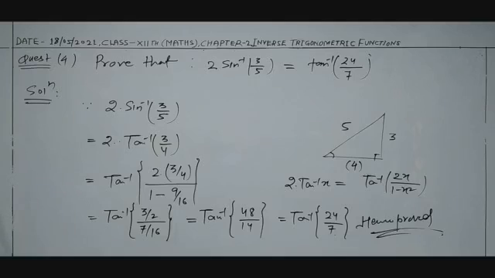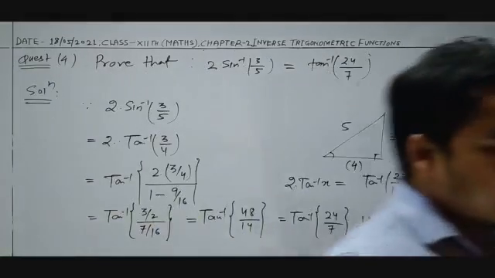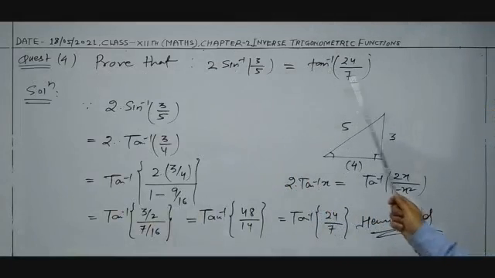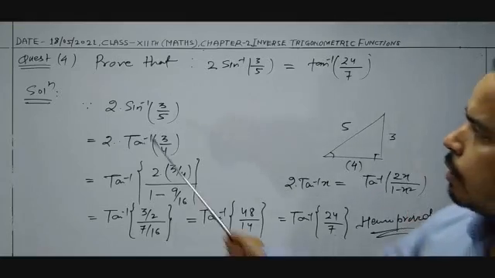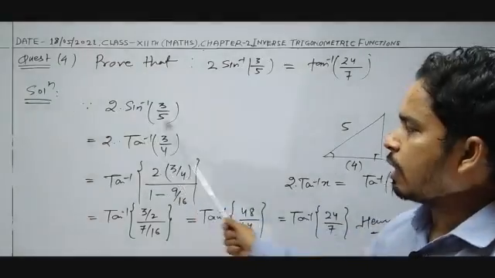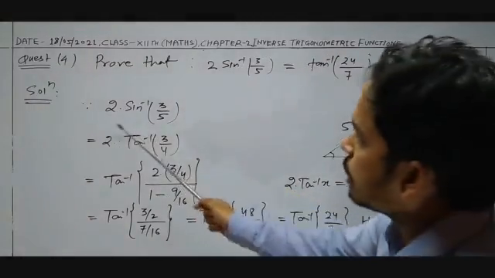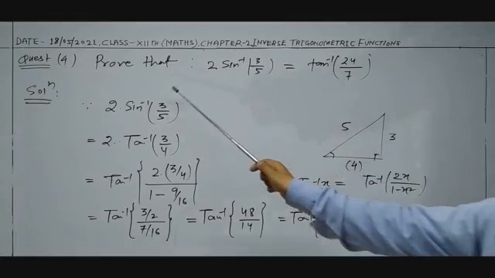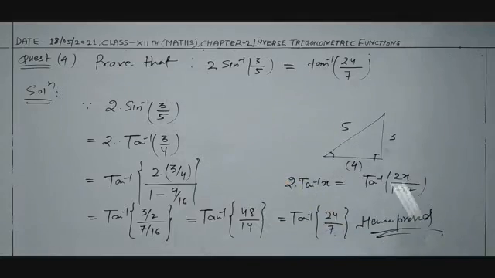See again. My proof is 2 times sin inverse 3 by 5 is equal to tan inverse 24 by 7. So LHS is 2 times sin inverse 3 by 5. Through this expression we have drawn the angle in a triangle. 3 by 5 is perpendicular upon hypotenuse. By the Pythagoras theorem we can find the base, which will be 4.